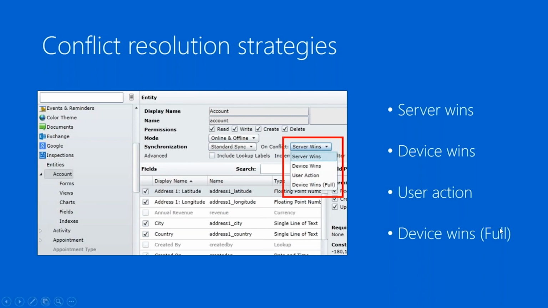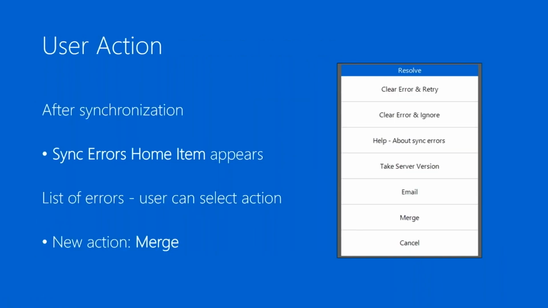However, device wins full means that we will send to the server also those fields which weren't modified at all. Finally, there is the user action option. This lets the user choose what happens, and this is how it looks like.